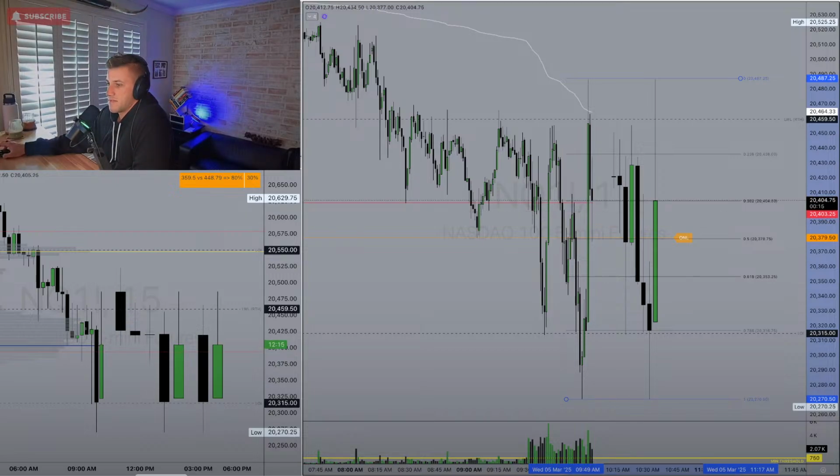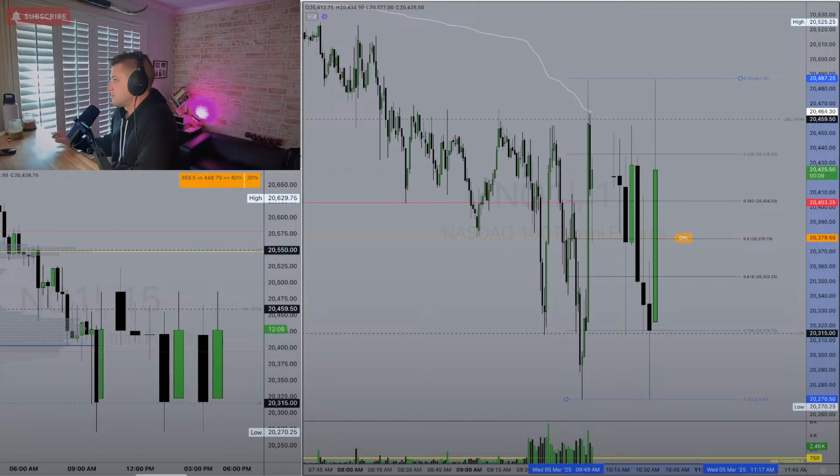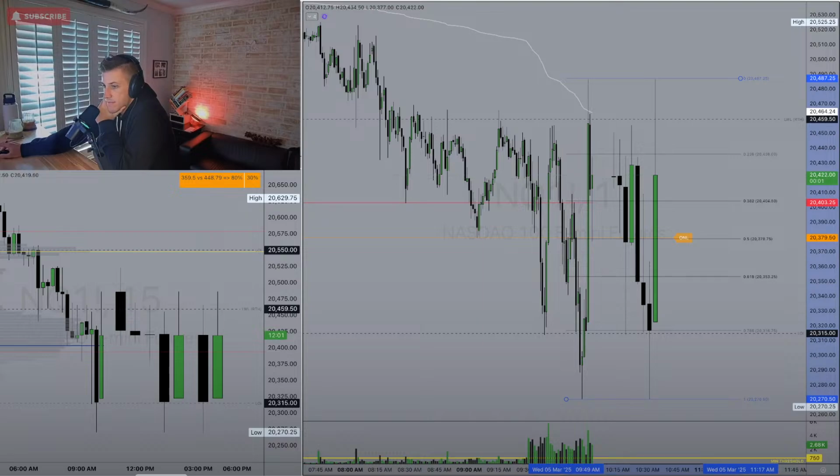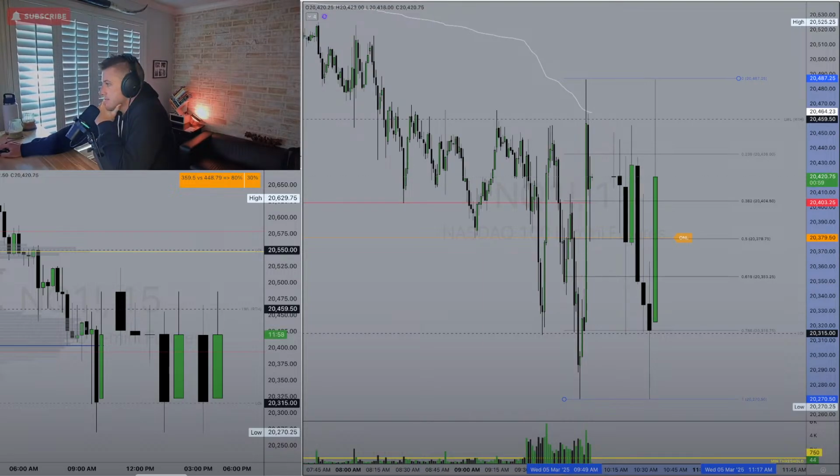It's a good target if you found an entry from VWAP and 460 right into that overnight low. See if the bot got in there. Nope. Bot did not get in there.